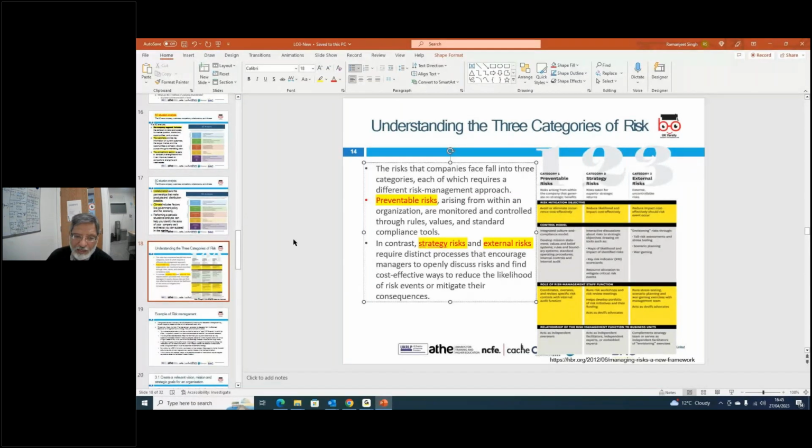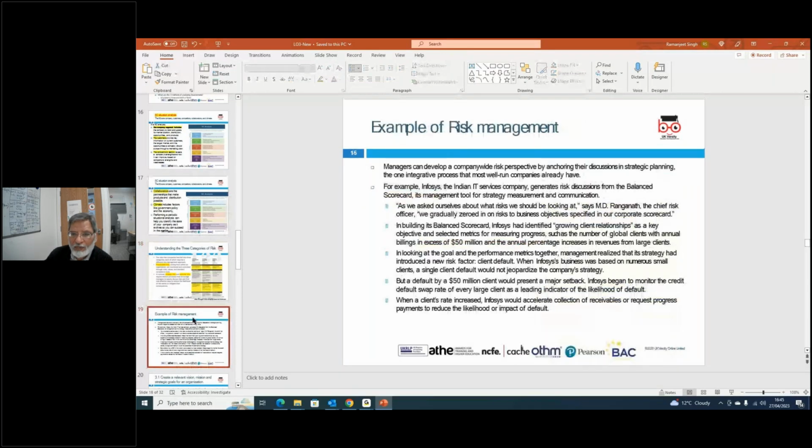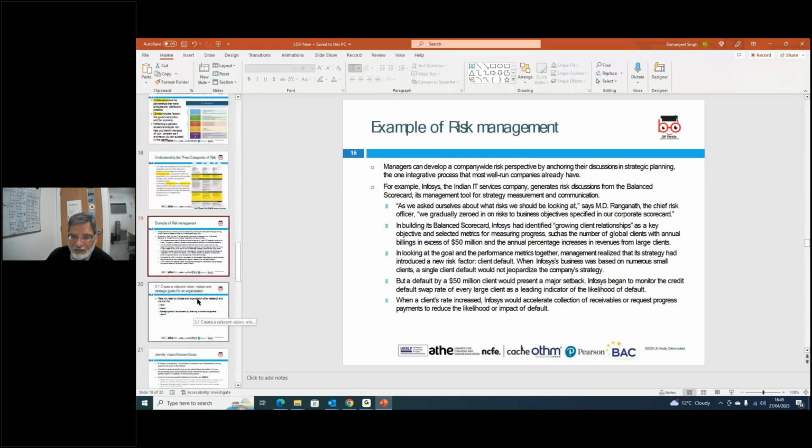By management policies and management approach, these risks can be reversed. So these are risks that you can avoid. An example of risk management is companies using risk planning, for example a scorecard, and they can reduce some types of risks.